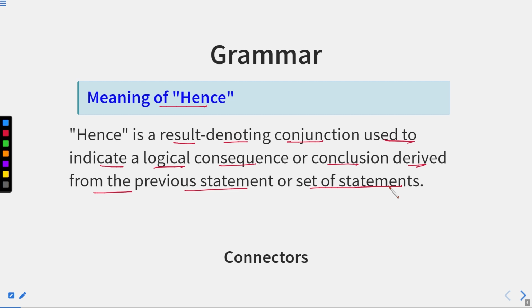Whatever is written above or whatever is written earlier or previous statements, they have been proved now. There you write hence proved. It means that proved word shows the result or the outcome of that particular situation or the event. So hence is basically used to introduce that particular clause that includes the result of the previous statements.